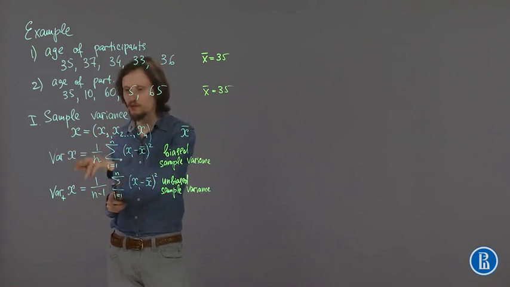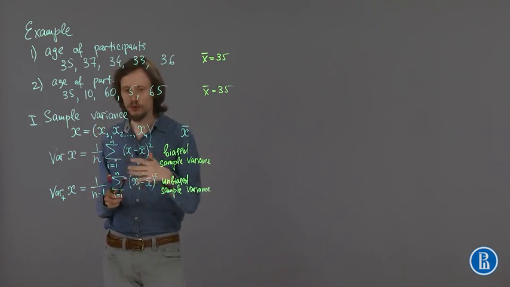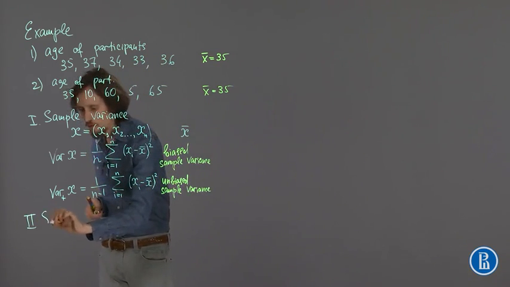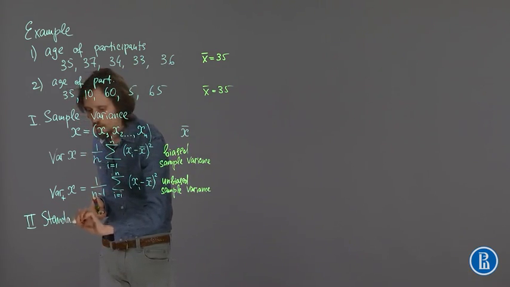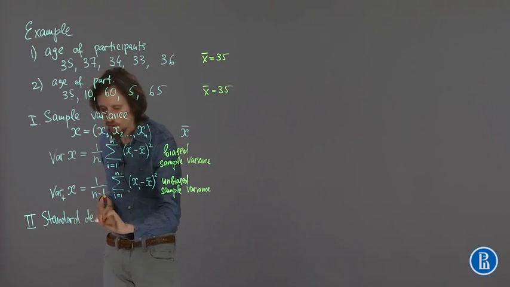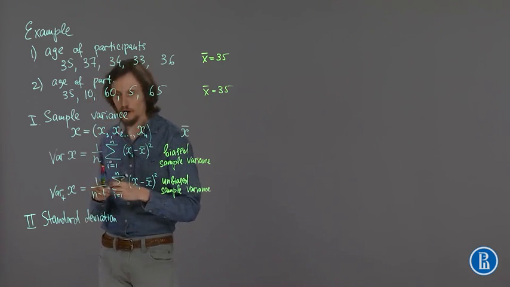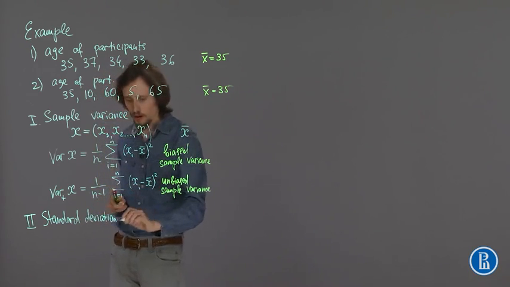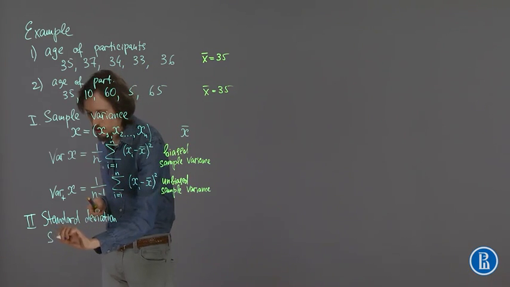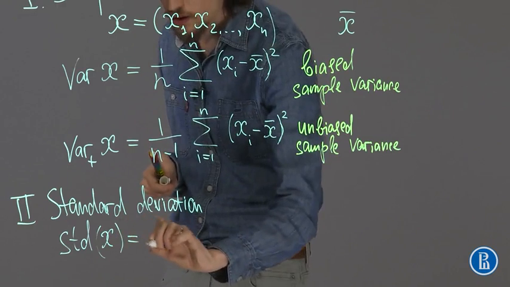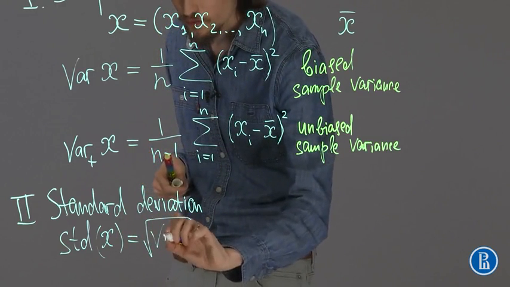Instead of considering this variance, we can take a square root of it and consider the so-called standard deviation. Standard deviation, which is usually denoted by STD, is just a square root of variance.